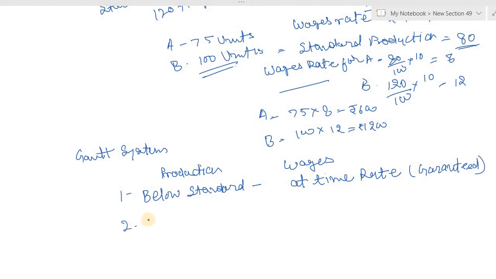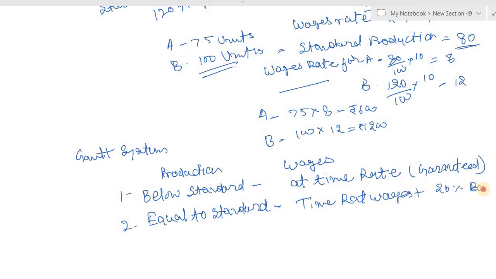Second, equal to standard: wages will be time rate wages plus 20% bonus. Then it will be 120% of normal wages.